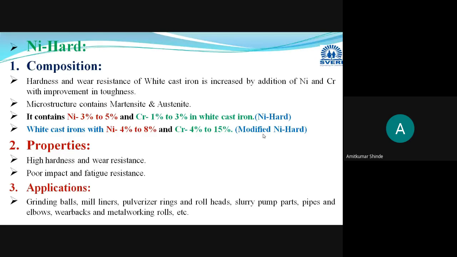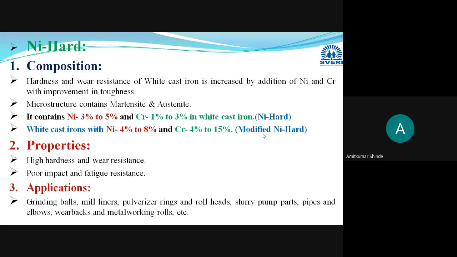Certain applications are there like grinding balls, mill liners, pulverizer rings, roll heads, slurry pump parts, then pipes, elbows, and different metal working rolls. All these are manufactured with the help of nickel hard cast iron. It is a type of alloy cast iron.